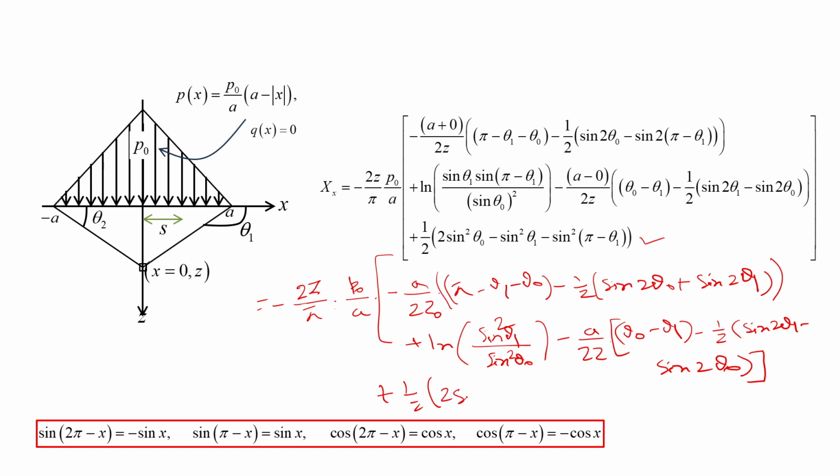So, this is 2 sin square theta 0 minus sin square theta 1 minus this sin pi minus theta 1 is sin theta 1, so it should be minus sin square theta 1.